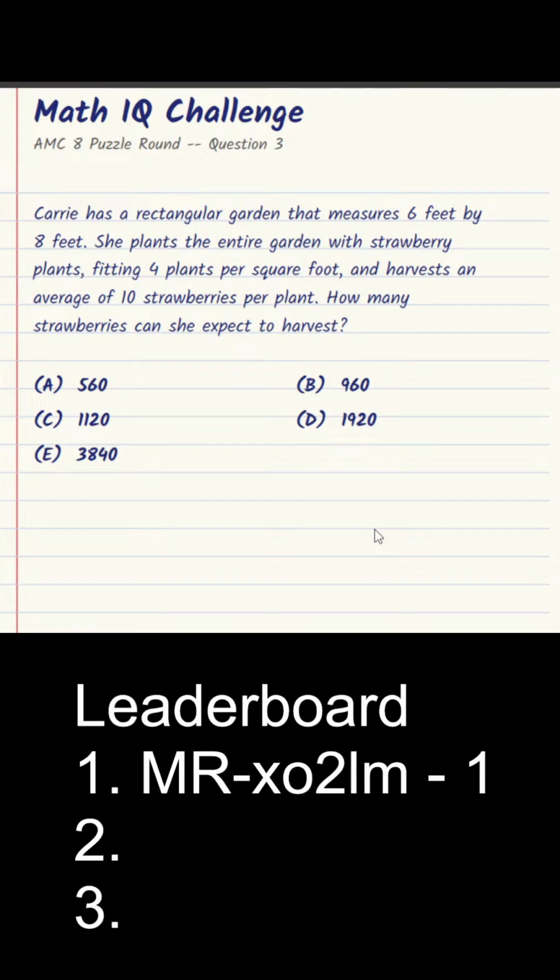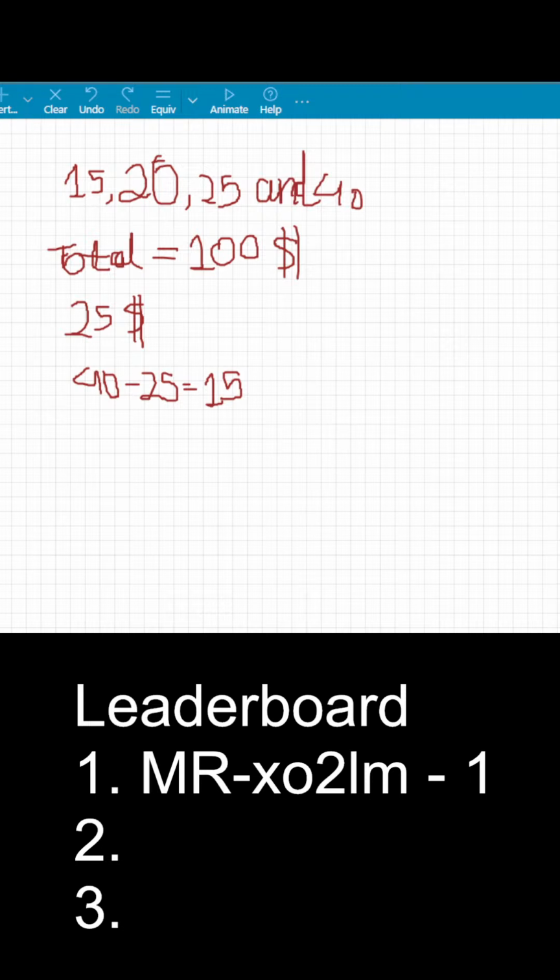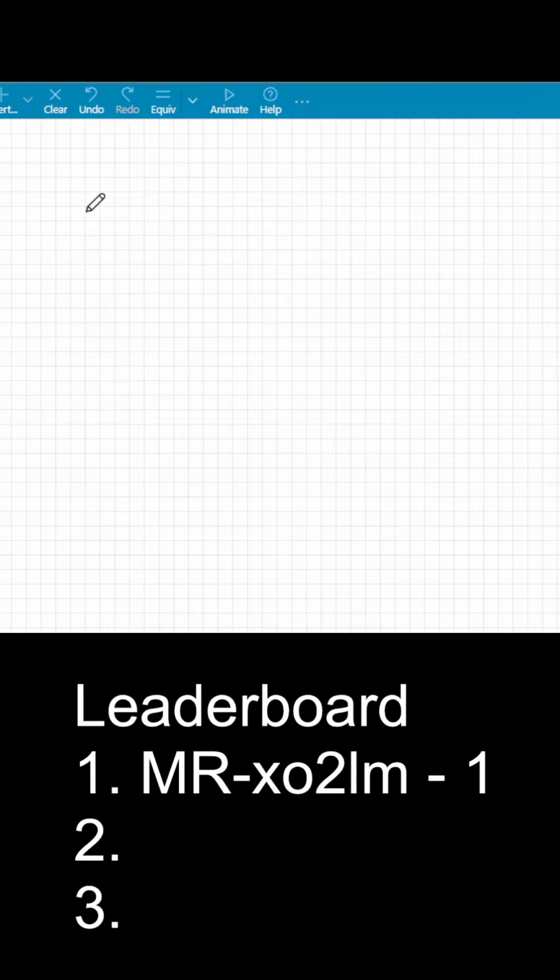Okay, so let us do the answer for this question. We have been given that the garden is of 6 feet by 8 feet, so those are the dimensions.